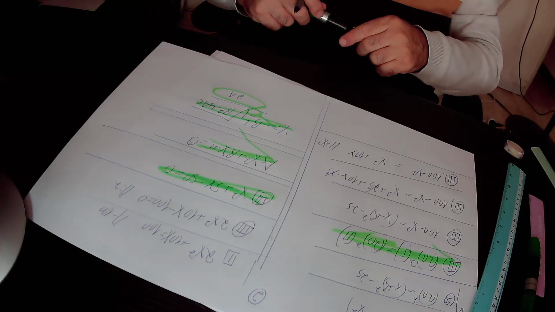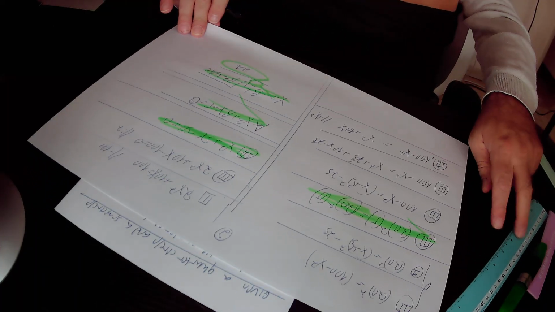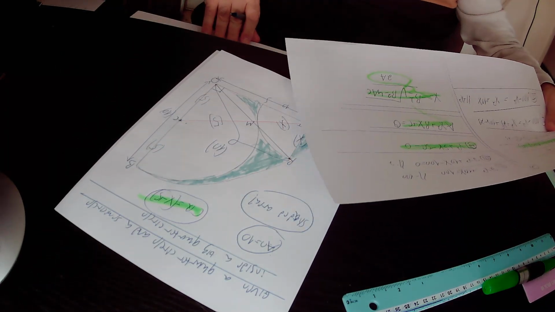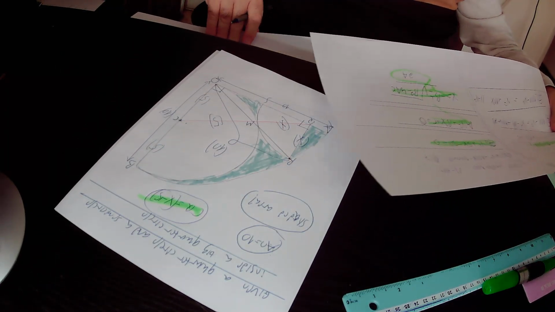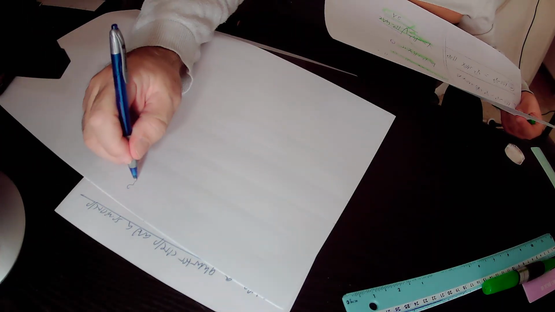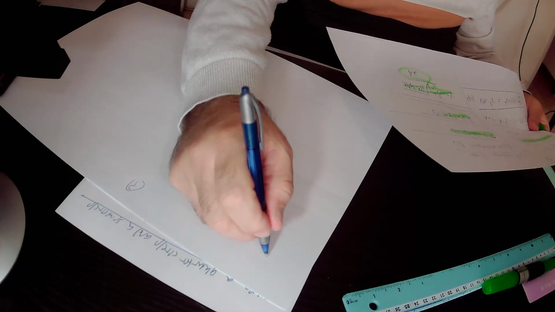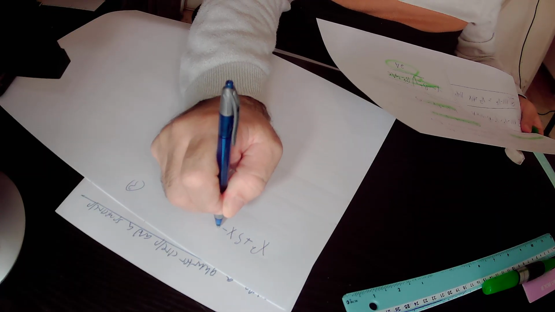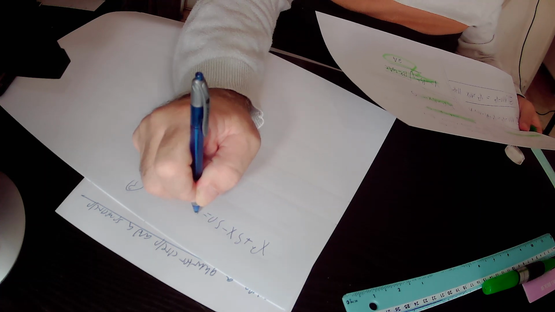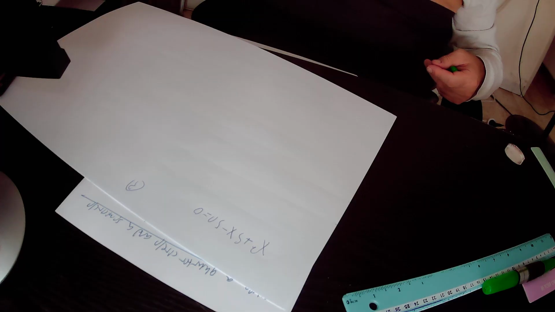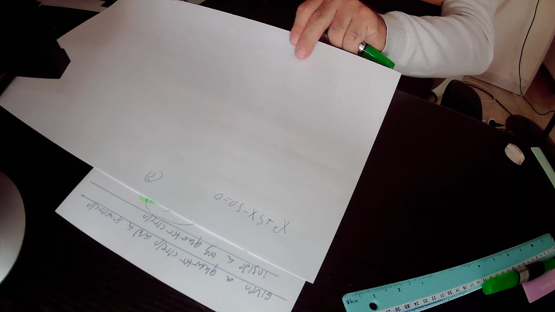In our specific quadratic equation, that is to say, x squared plus 5x minus 50 equals 0, the variable that we are looking for is x.